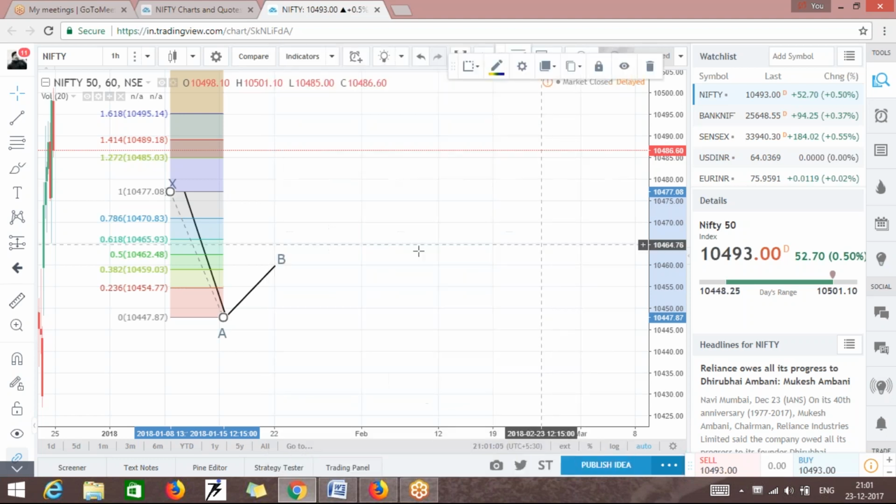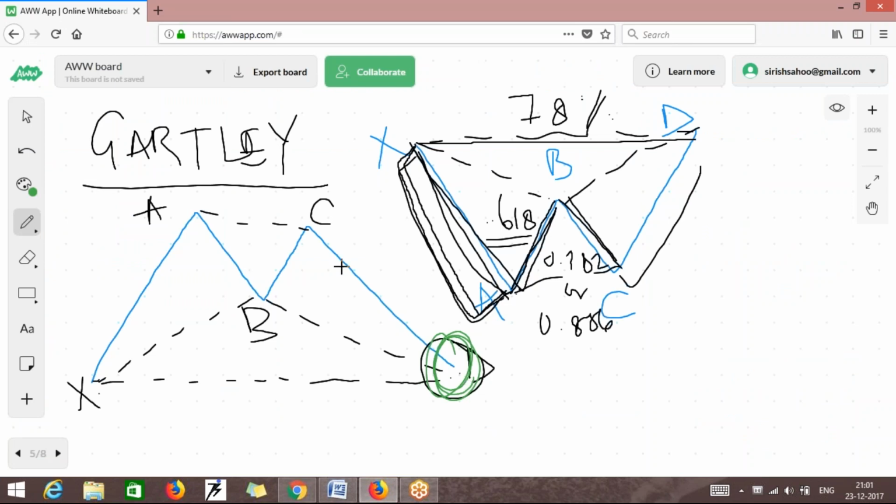Okay, the retracement should be to the level of 0.382 to 0.886 as per our chart.